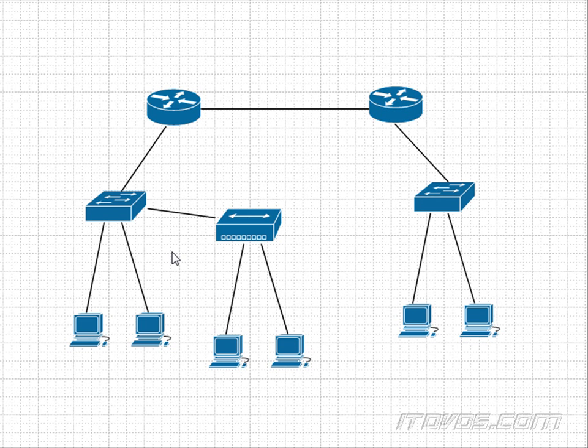So you can see how the bandwidth usage can add up very fast. So by breaking it up into multiple broadcast domains, we basically limit the damage that a broadcast packet does, because we're limiting the hosts that broadcast is going to reach.